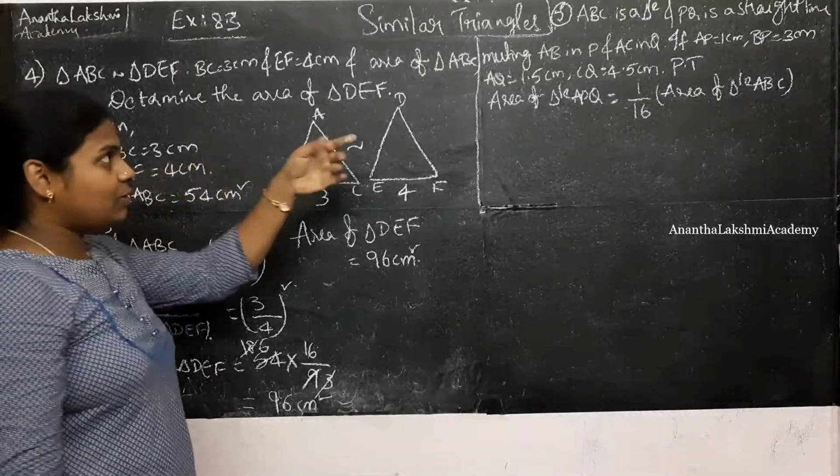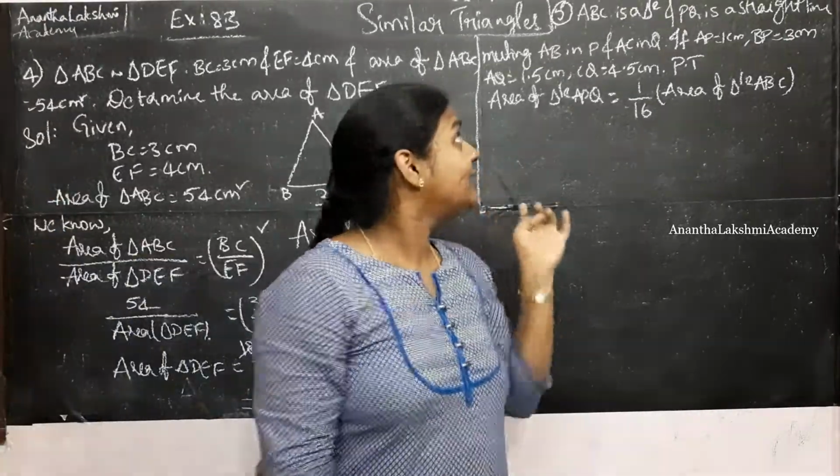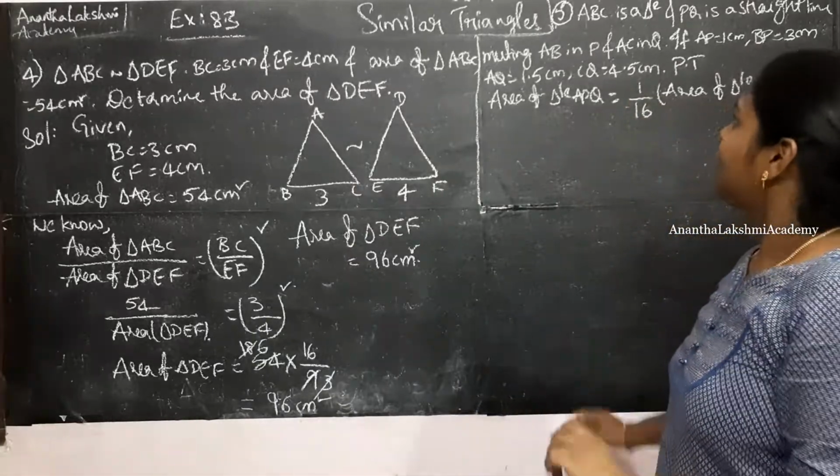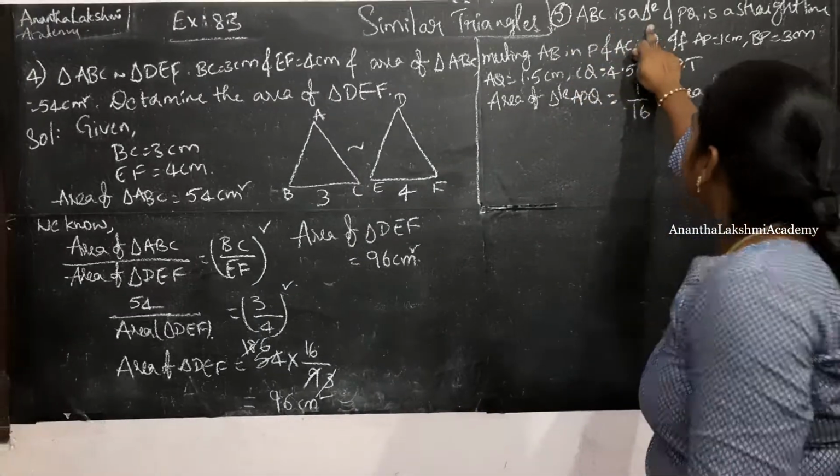Let's jump into problem number 5. Okay, it is already written on the board. Let's have a quick look at it. Here it is given that ABC is a triangle.